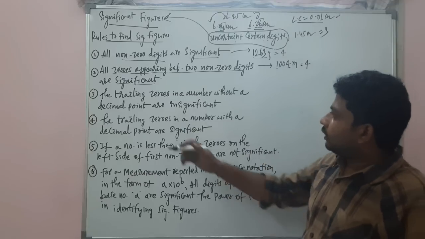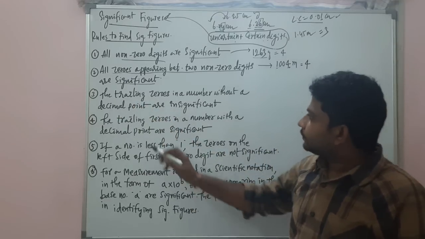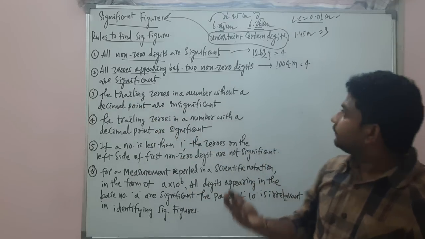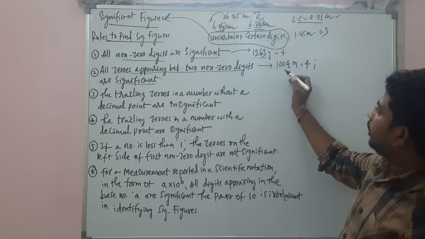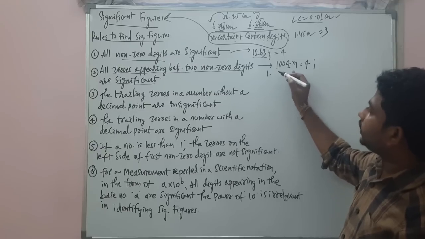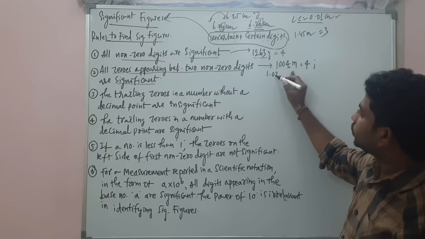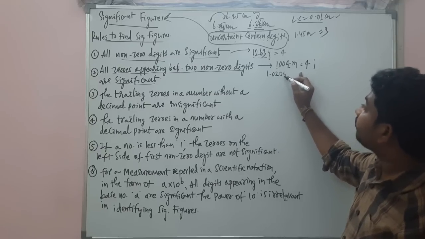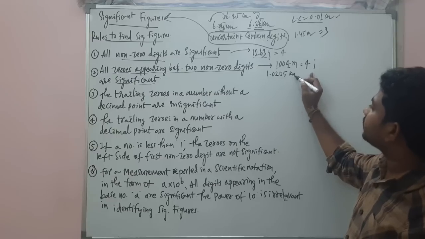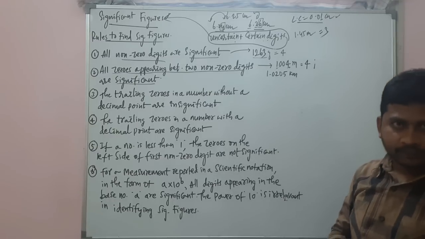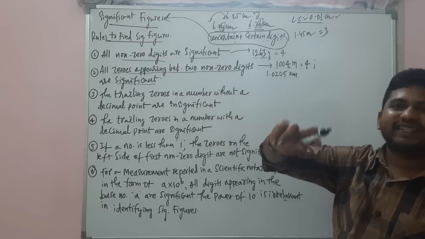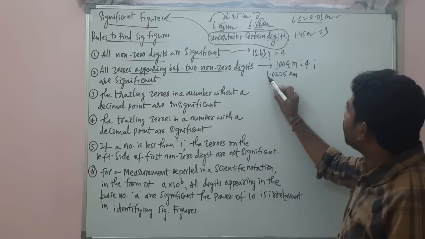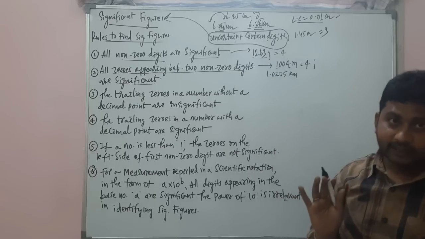Okay. Number 3. Before moving to the 3, you can see one more value, let me write here. For example, 1.0205 kilometers. This is also a measurement, right? As per the first rule, all non-zero digits are significant. 1, 2, 3 significant.